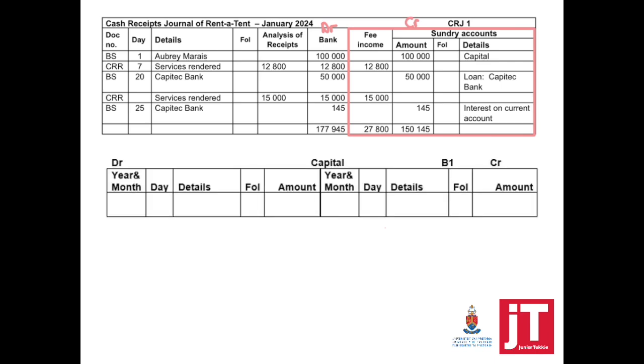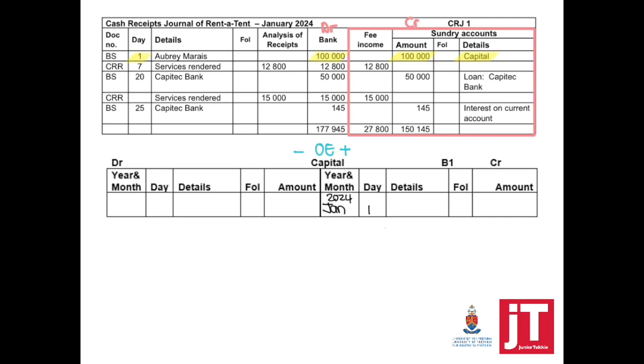So we're going to start with the first one, capital, and you would notice now there's a number B1. That is the number in the general ledger. It is in the balance sheet section, account number B1. So posting now, we start with the year and the month. It is January 2024 on day 1.